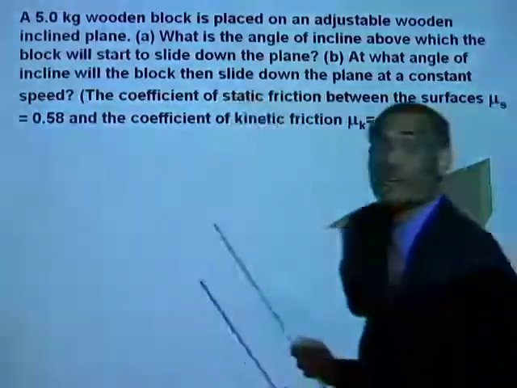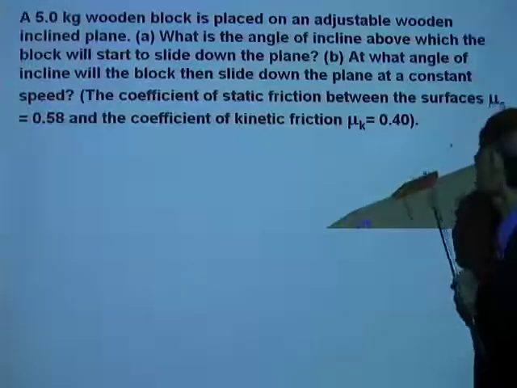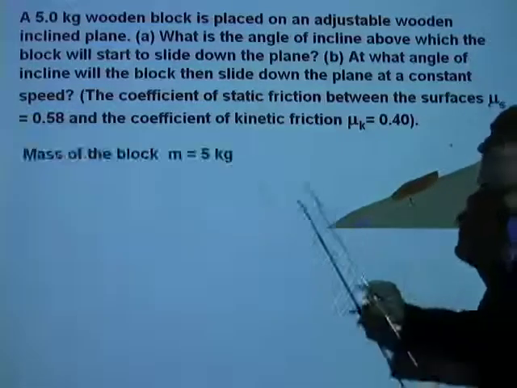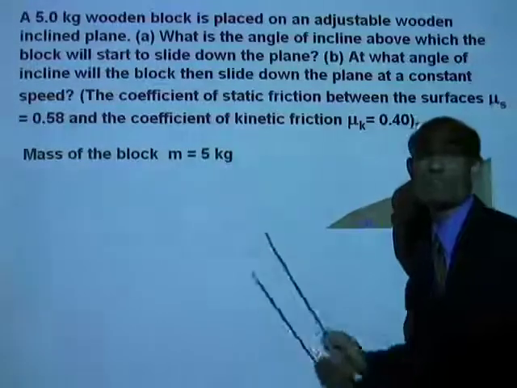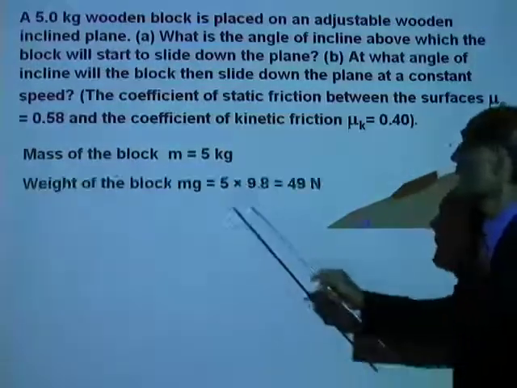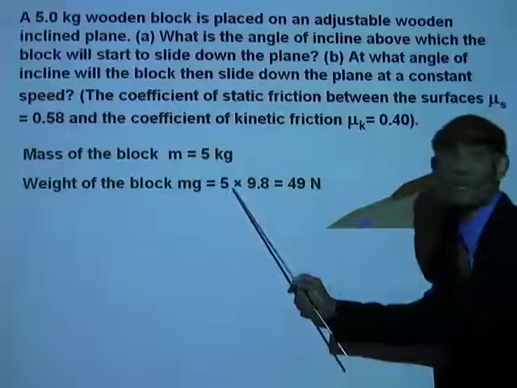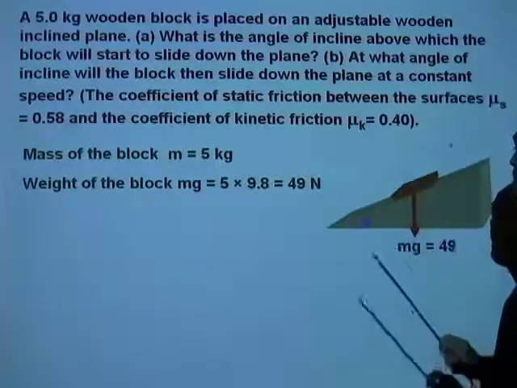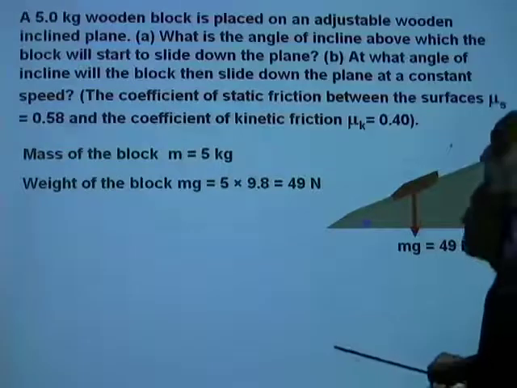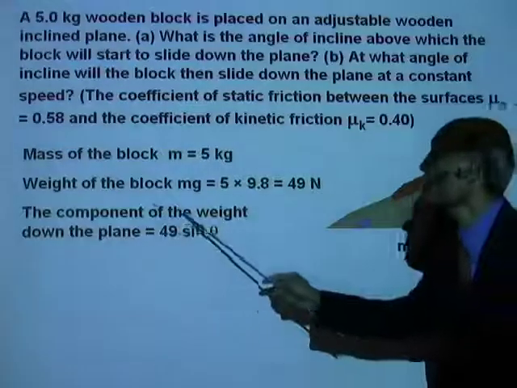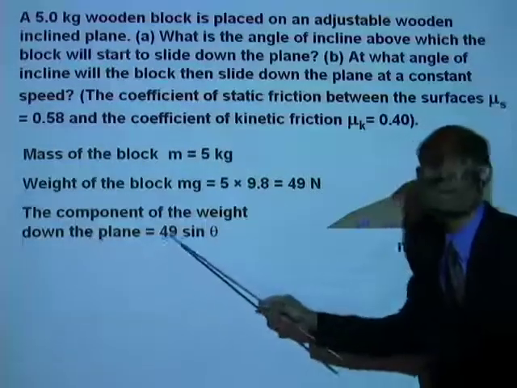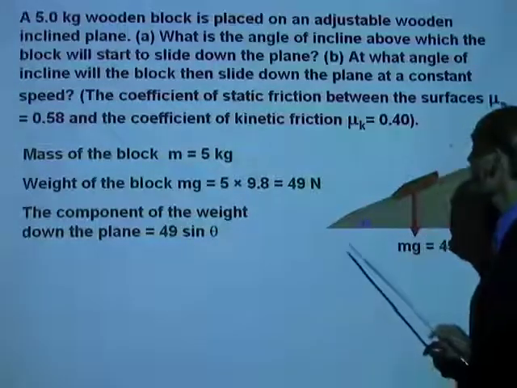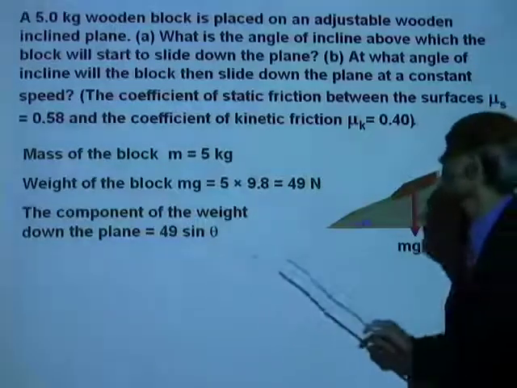Here is the block placed on the inclined plane. The mass of the block is 5 kilograms, and therefore its weight will be 5 times 9.8, that is 49 Newton acting vertically down. The component of the weight down the plane is 49 sine theta.